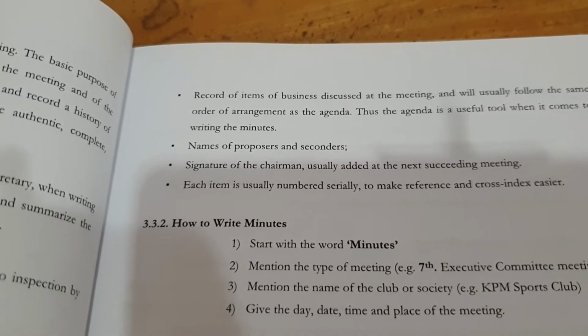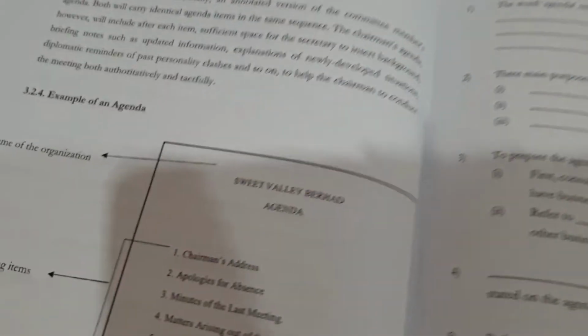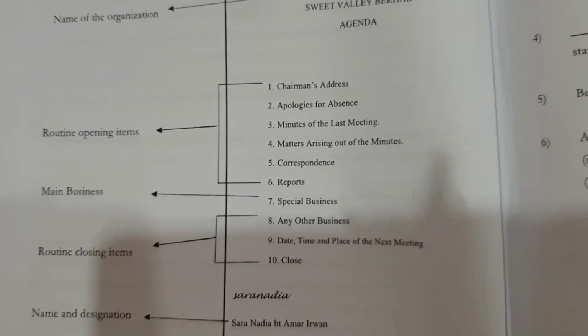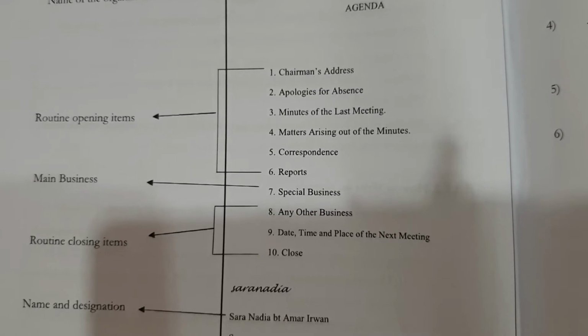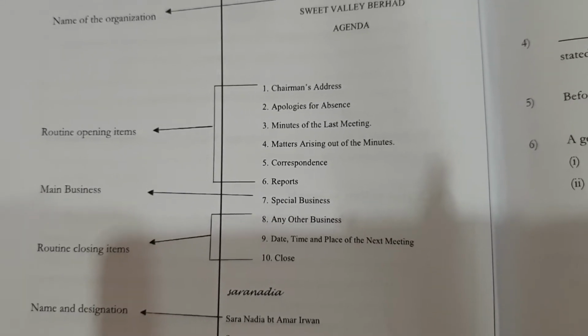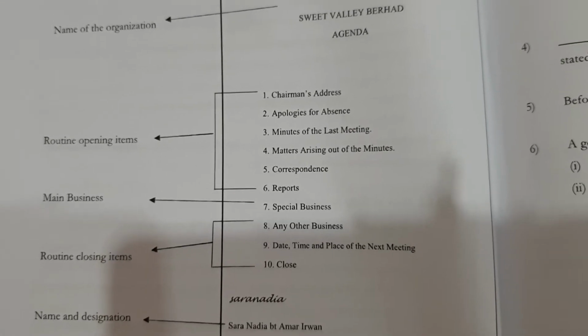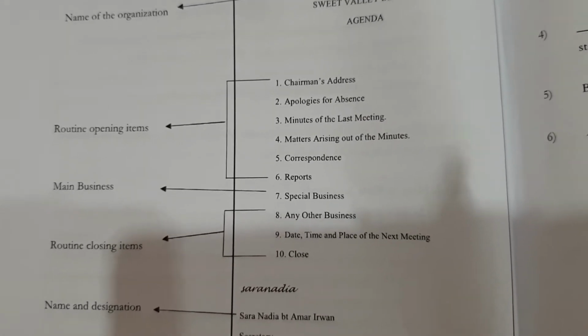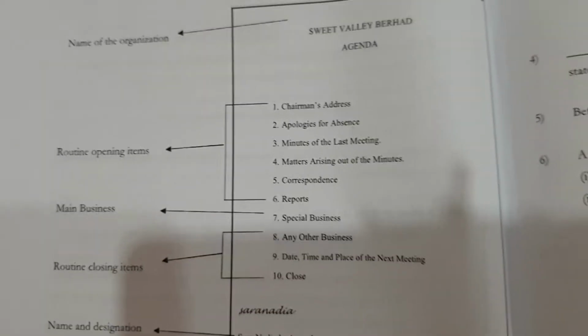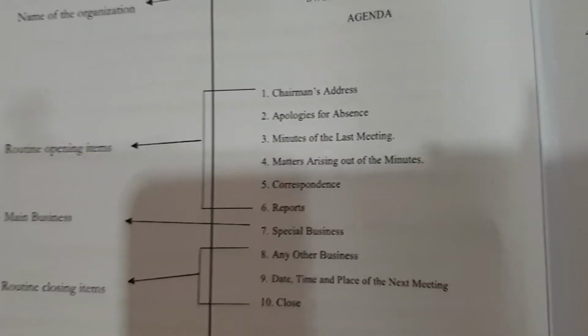If you turn to page number 18, the sample agenda, we have here 10 items. The first item is, of course, chairman's address, followed by apologies for absence, item number 2, item number 3, minutes of the last meeting, right until item number 10, close.